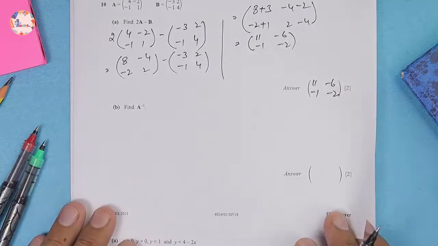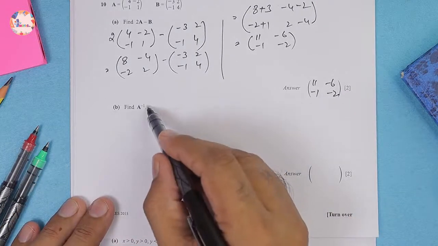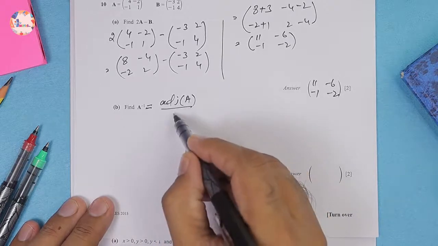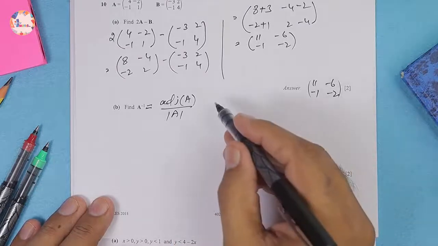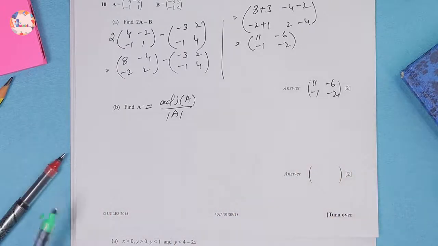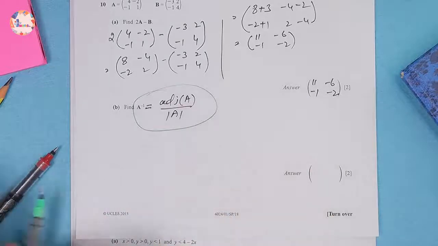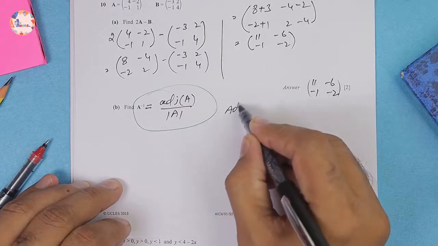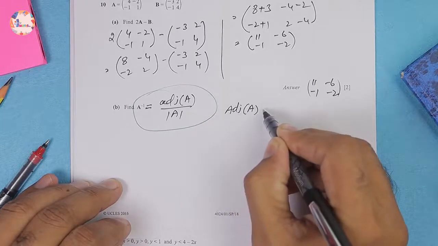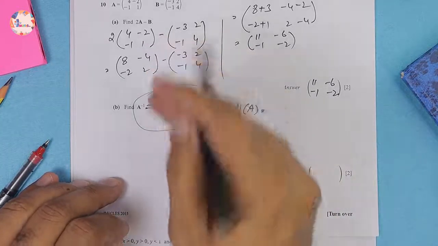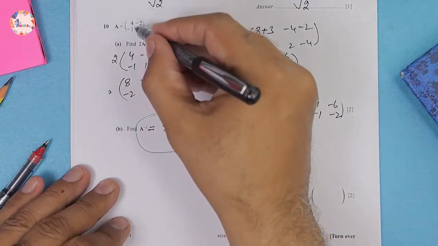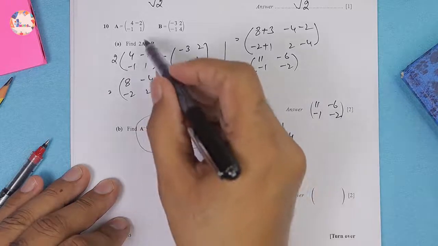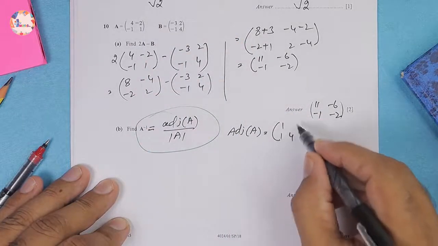Then they're saying find A inverse, and we know A inverse is equal to adjoint of A over mod A, and this is the formula which we will be using for this question. Now we can write adjoint of A. We'll be changing the location of 4 and 1, these two numbers, so this will become 1 and 4, and changing the sign of these two numbers, 1 and 2.